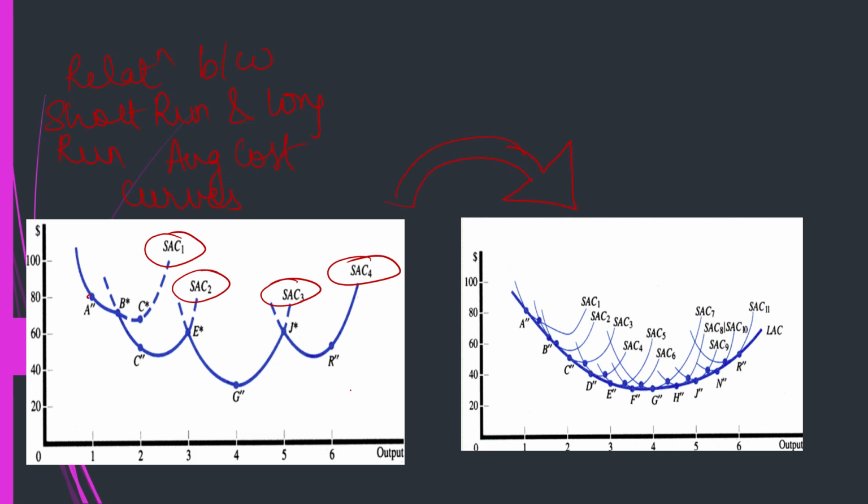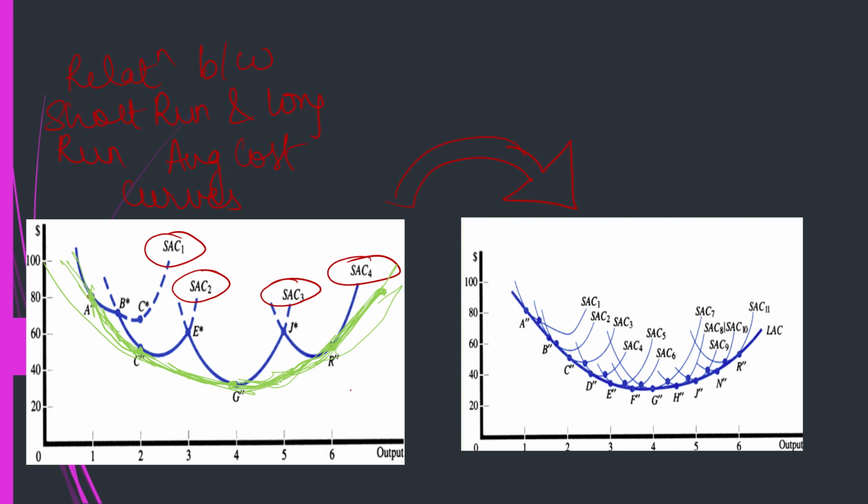Let's take a different color, green. So join, join, join, and join, and go ahead. Are you able to see this line? Is it the same line that is represented there? So a number of these short run average cost curves gives us that graph.